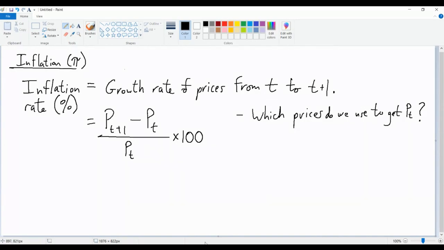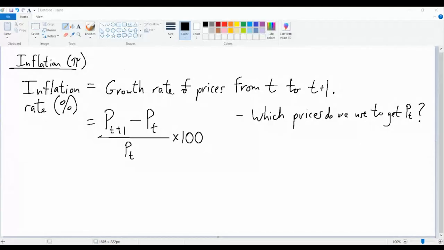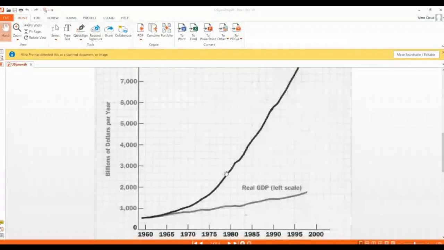Remember that in that picture that I showed you earlier, I said that this gap here, this increasing difference between real GDP and nominal GDP has to reflect increasing prices, right?